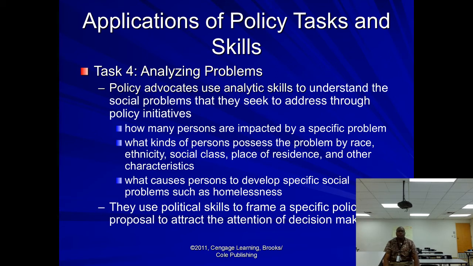What causes persons to develop specific social problems, such as homelessness? They use political skills to frame a specific policy proposal to attract the attention of decision makers.